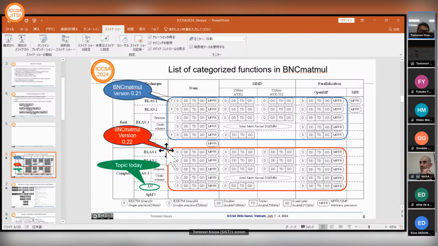And as described previously, we are developing the next version of BNCmatmul, including complex linear computation. And today's topic is complex LU decomposition in the developing BNCmatmul version.